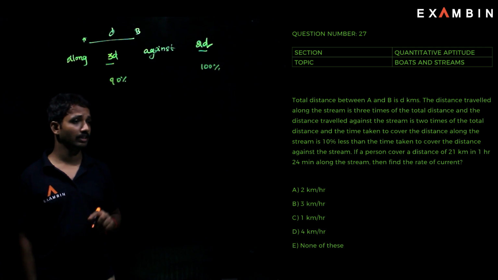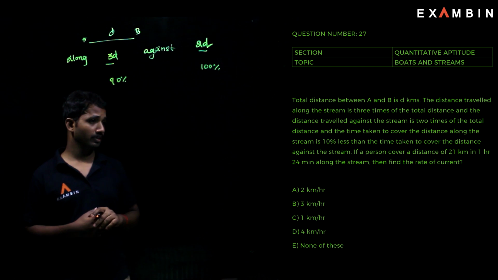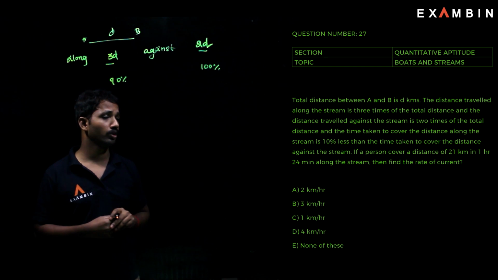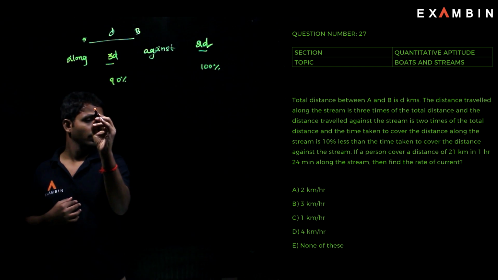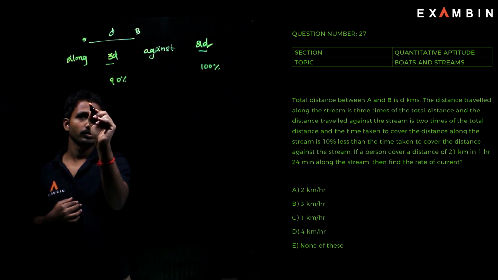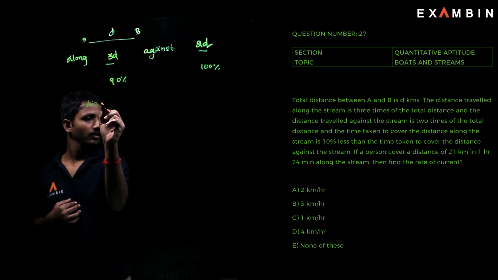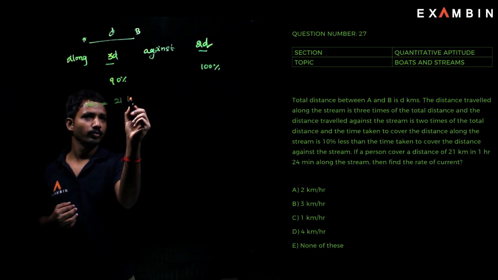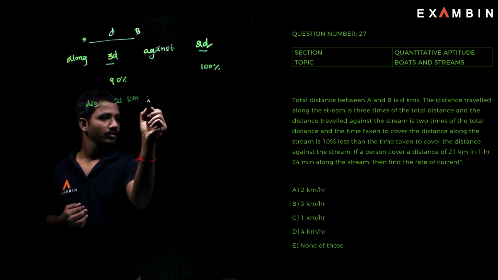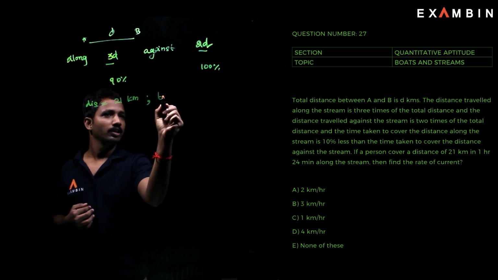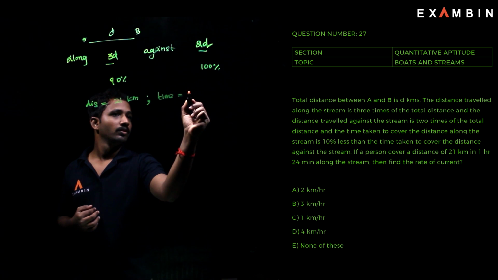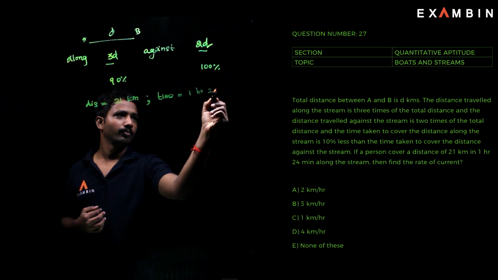So other data is given as a person is covering a distance of 21 km in 1 hour 24 minutes. So here distance is given, 21 km. Time is also given, 1 hour 24 minutes.